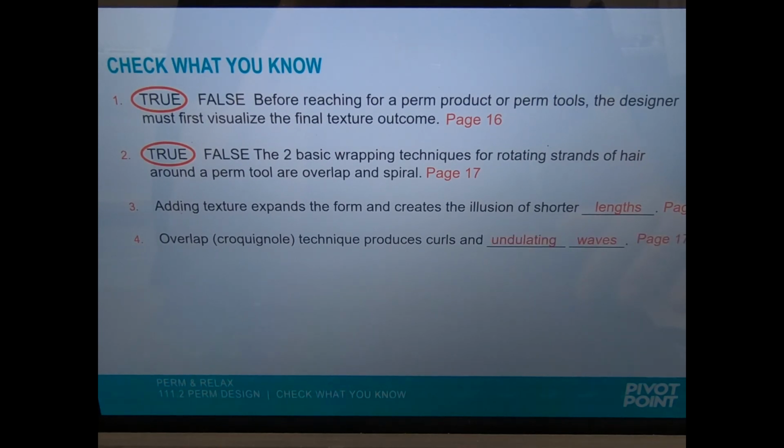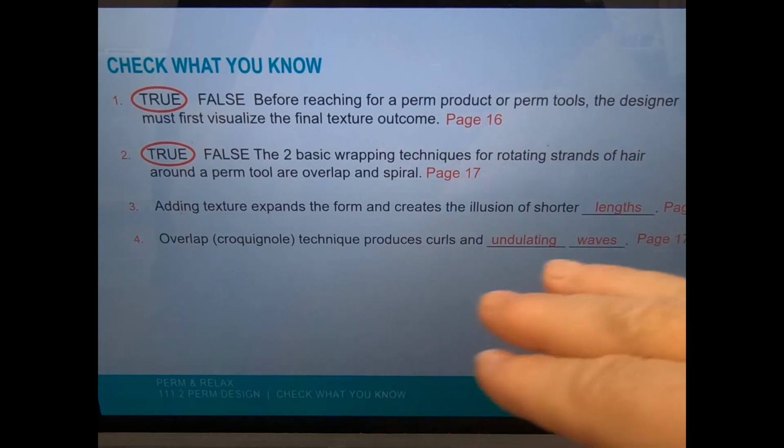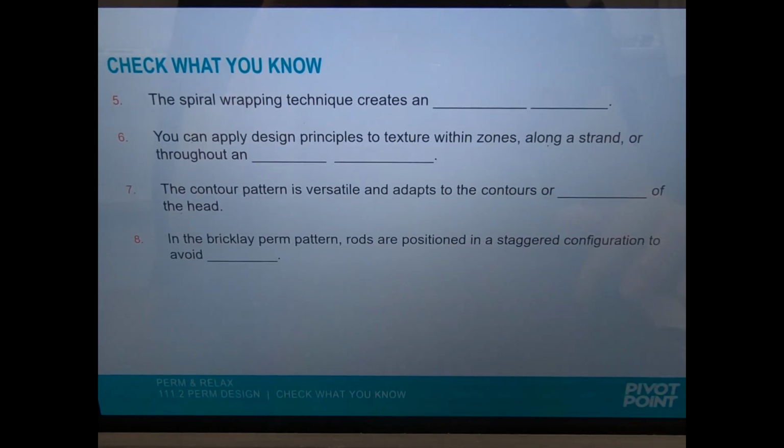Number 4, the overlap technique produces curls and undulating waves. That just means like this, waves. The spiral wrapping technique creates an elongated texture, okay, because it's dangling, it's a little bit longer.